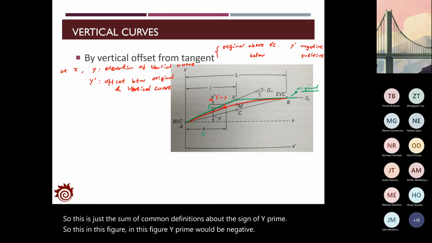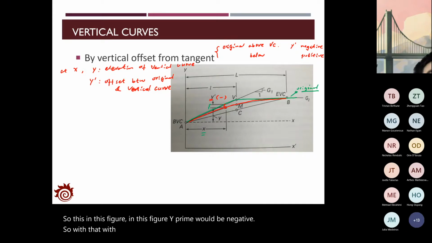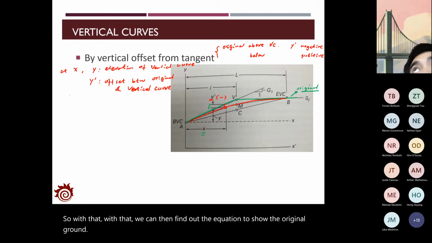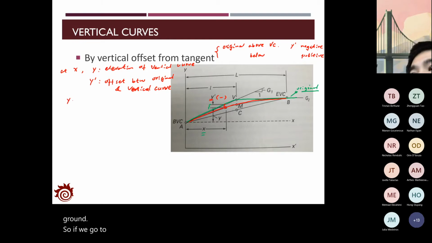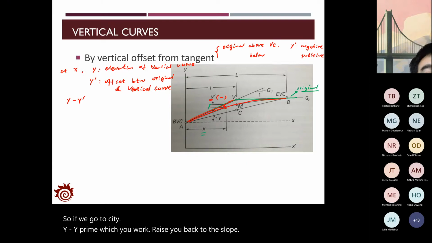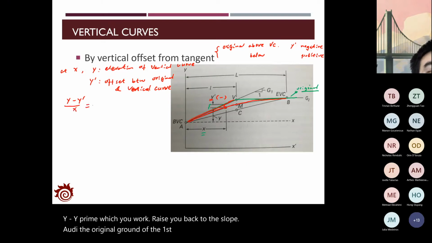So with that, we can then find out the equation to show the original ground. If we take y minus y prime, which gives you back the slope of the original ground of the first segment divided by x, that should be g1.